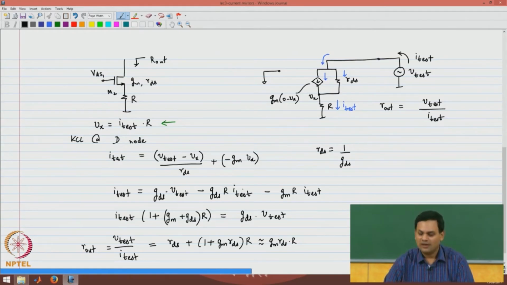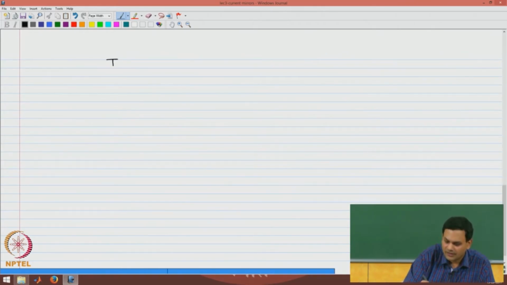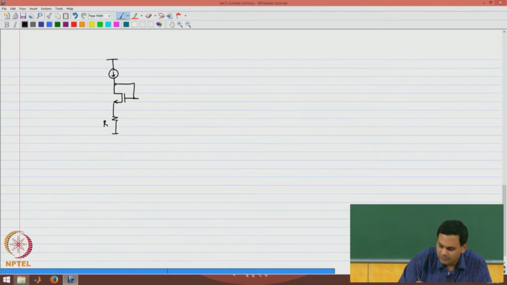So, now I can of course use this because I can now create a current mirror in this form. I will need symmetric circuits on both sides. So, I will need to add the resistance R on both sides.